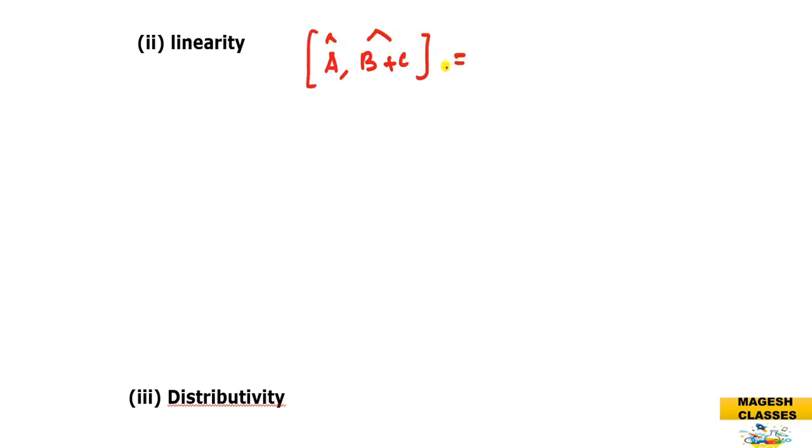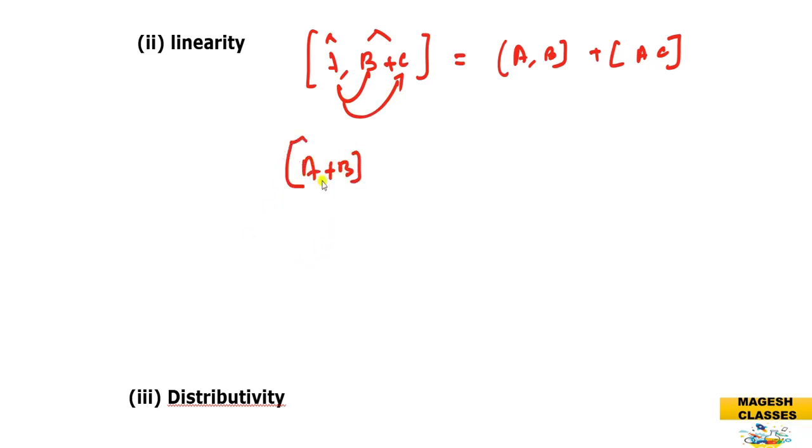This is equal to, you can write AB and AC plus DC. AB, AC. So the two operators, A plus B, so it is the A plus B operator, and C plus D is another operator.